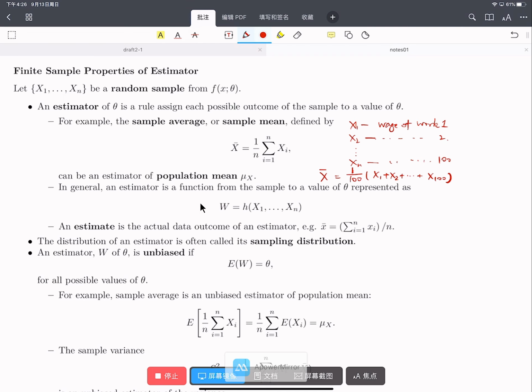Here, an estimator is a function of the sample, in general. Maybe we're also interested in the variance of wage, so we can have a sample variance to estimate the population variance.